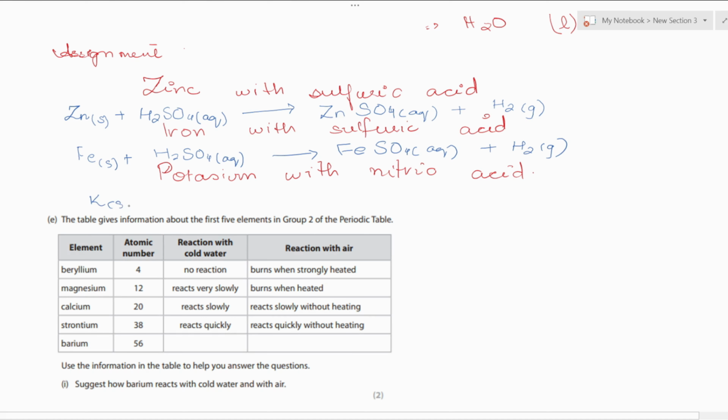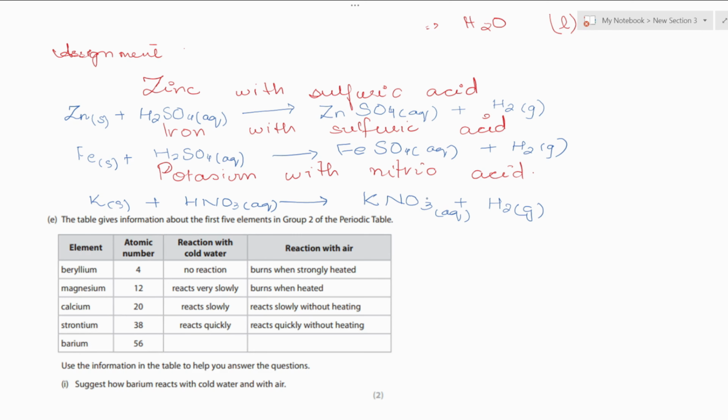Okay, solid. HNO3 aqueous. Good. Excellent. So you know now how to write an equation and how to write the chemical reactions for metals with water and acids. This is what we have done today.